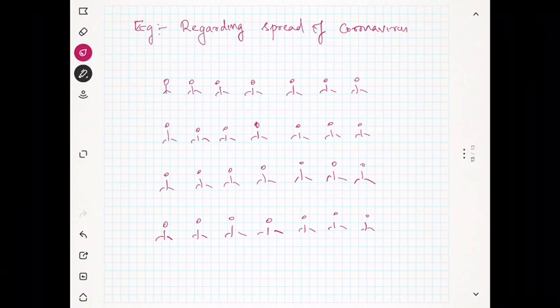Suppose one guy got infected. For example, this guy has got infected. Now you know that it will easily spread to this person, and it can be easily spread to the nearby persons, maybe here, here, here, here, here, right? Now whenever this guy got infected, immediately it will spread to another person, and it will spread to another person, right?